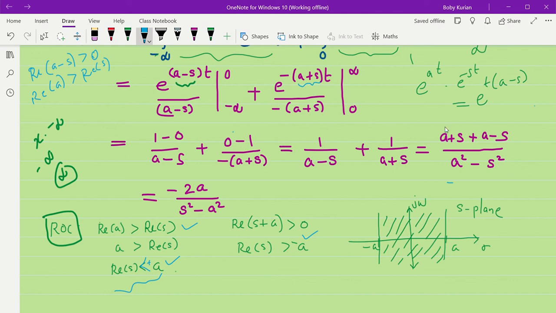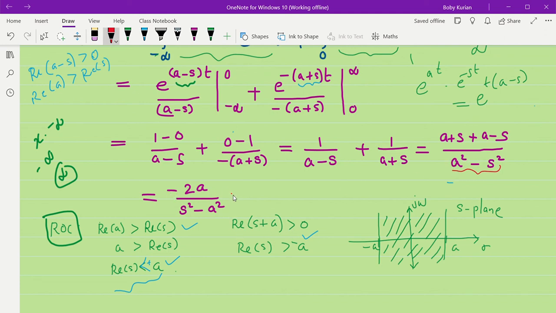We apply the limits and then simplify. Finally we get the answer as minus 2a divided by s square minus a square. Here there is a negative sign in the numerator.